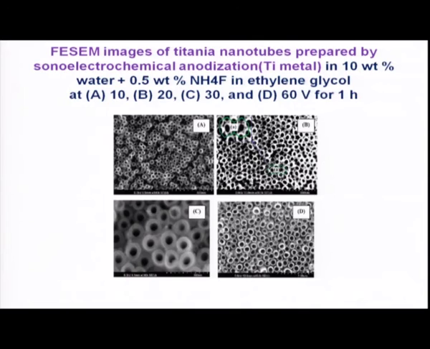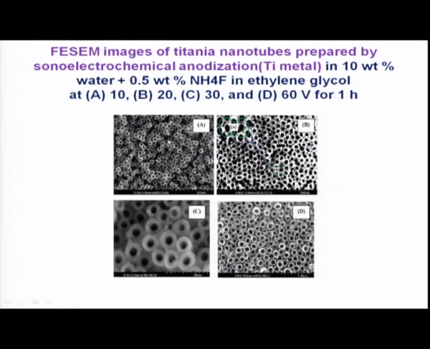And this diagram shows you some images of nanotube titanium dioxide prepared by direct metal anodization, where titanium metal is directly made to undergo anodization, which leads to formation of titanium dioxide.